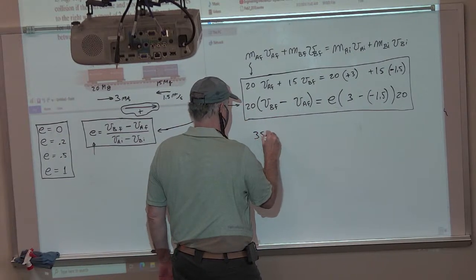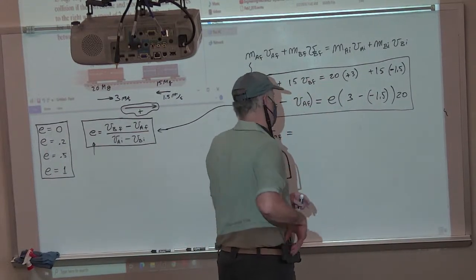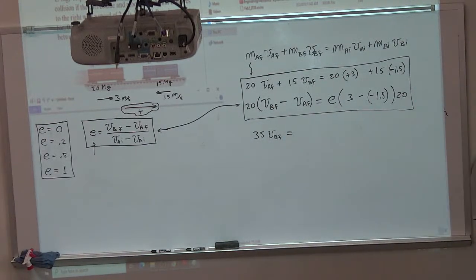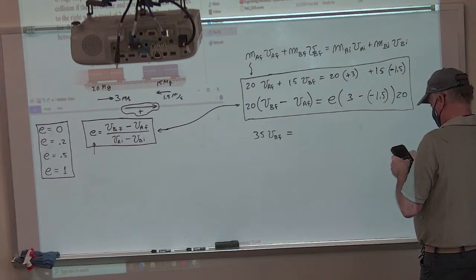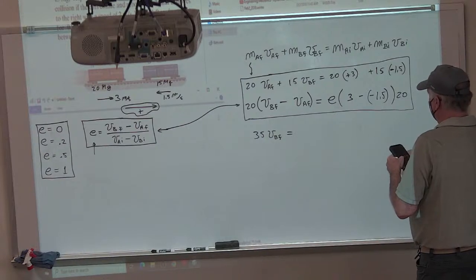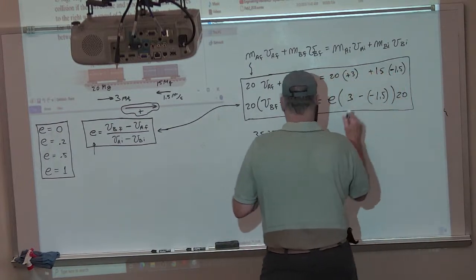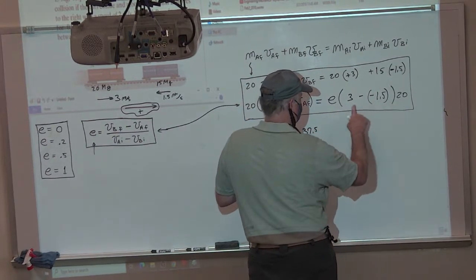That gives me 35 V_B final equal to. Now, let me take a minute here and do all this. So I'll hit my calculator off screen here. This one and this one go together, it'd be 37.5. I get 20 times all this.